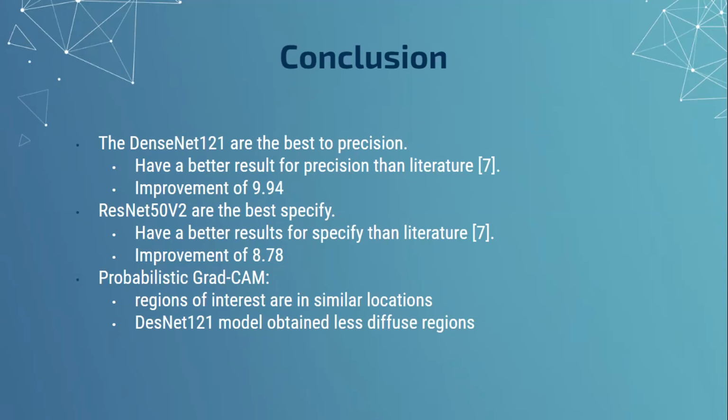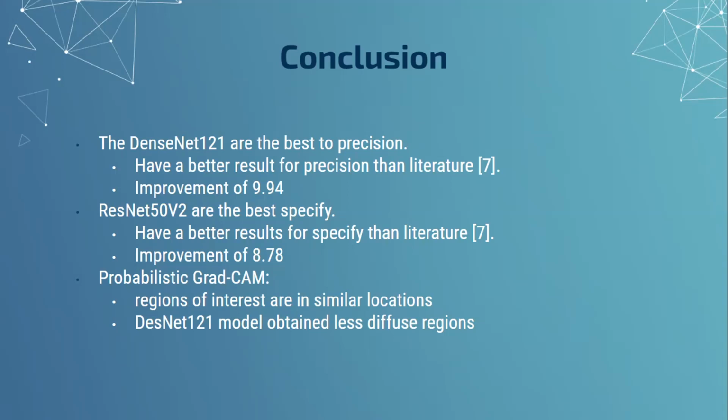DenseNet 52 obtained 8.78 better precision than the literature and 0.28 worse performance in specificity.